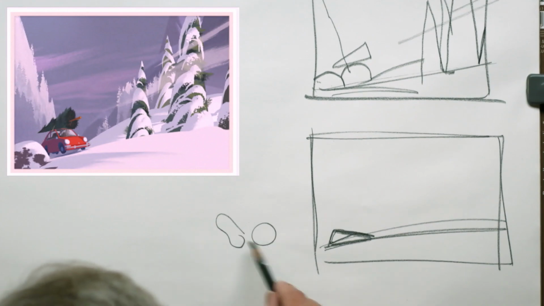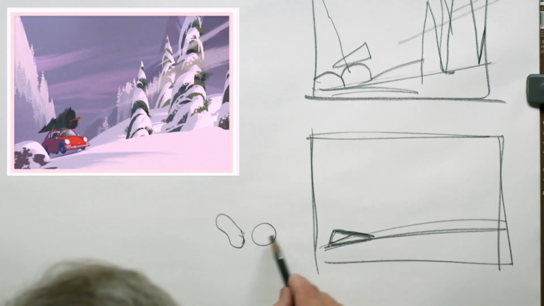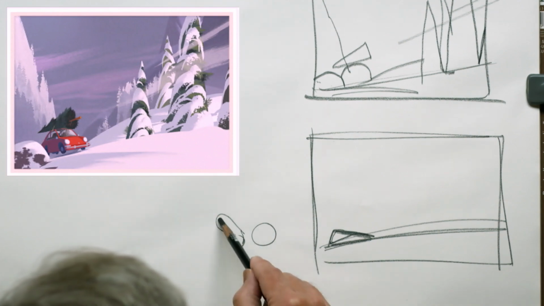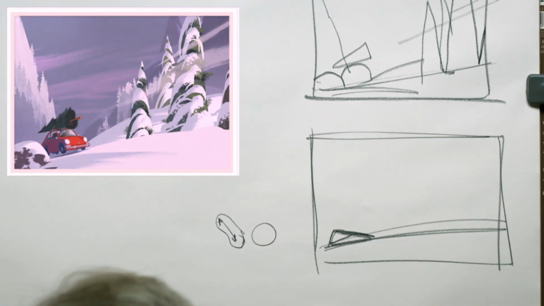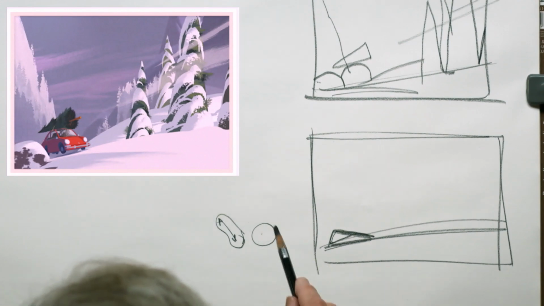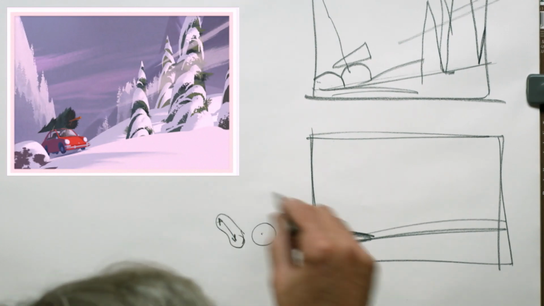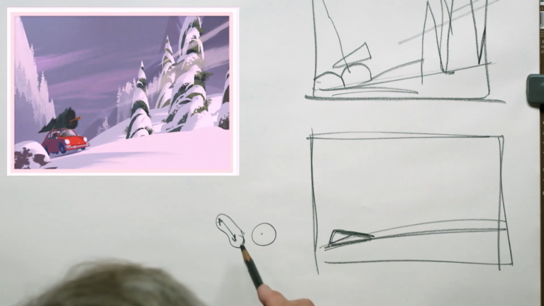See, a circle is static. It doesn't have any visual force. This has a visual force this way and this way. Does that make sense? Because a circle is a series of dots all equidistant from one dot in the middle. Has no point of view. It's completely static. Whereas this shape has force.